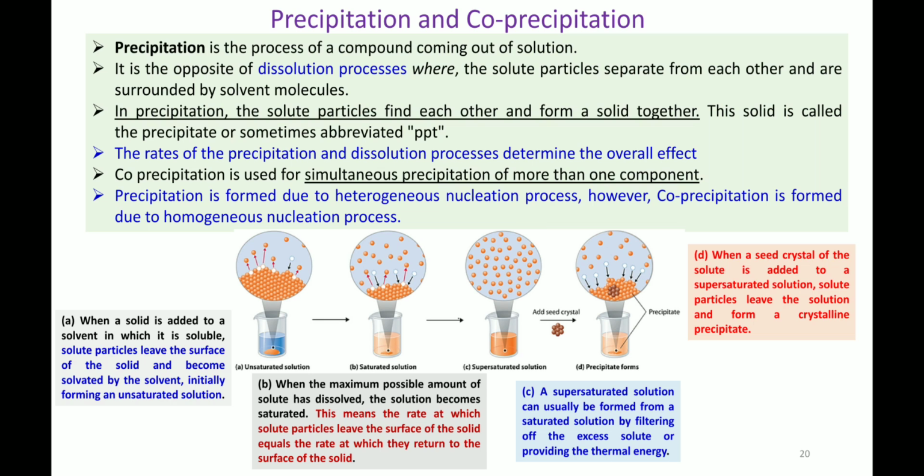That is an example of heterogeneous nucleation. So keep in mind that for precipitation you need to insert a seed crystal, and because you insert a seed crystal, there is further growth of that crystal, so that is precipitation. Whereas in co-precipitation, you are not supplying a seed, you are supplying another solvent which initiates the precipitation process.